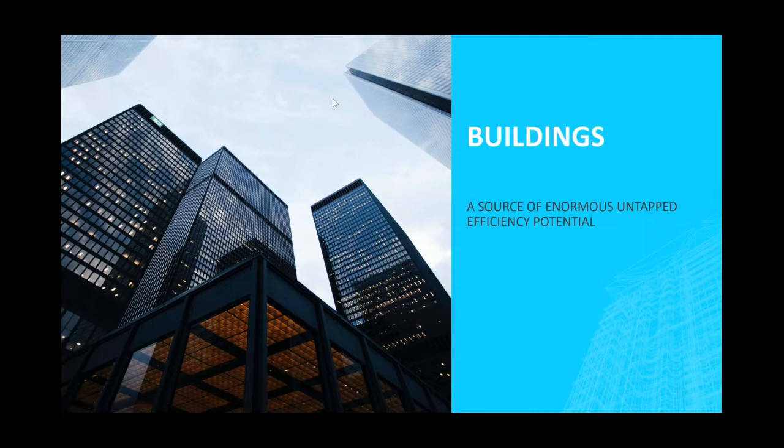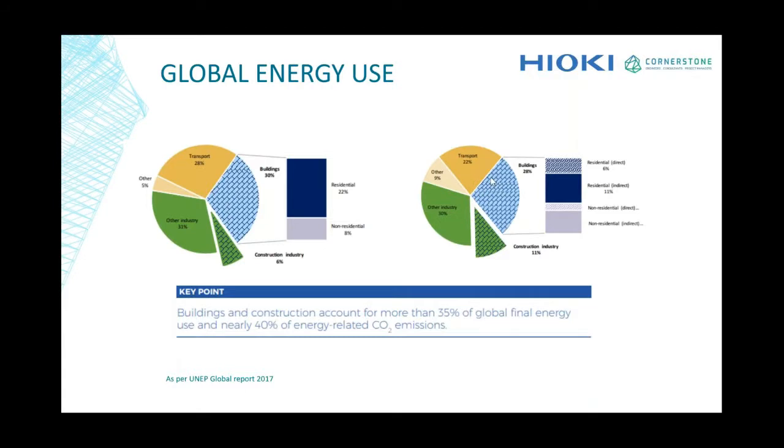Now, if I move on to a survey taken by the UNEP Global Report, it was revealed that around 35 to 40% of the overall global energy use is allocated to buildings. So if you look at different sectors like transportation and factories, 40% of the energy consumption is actually coming from building use.